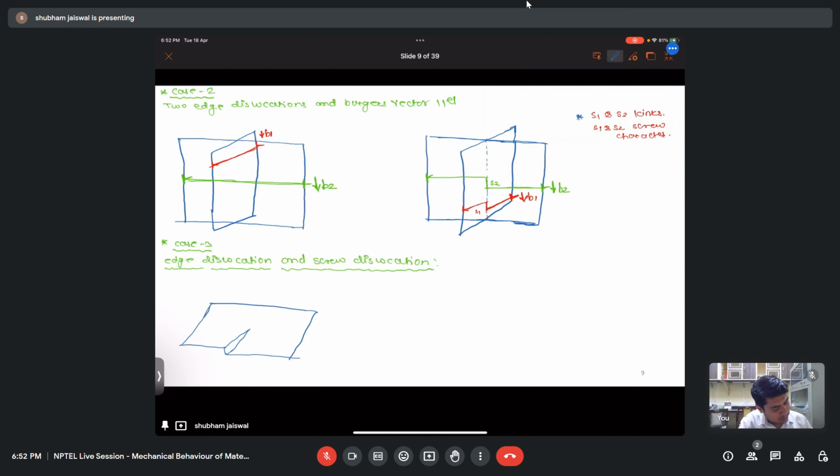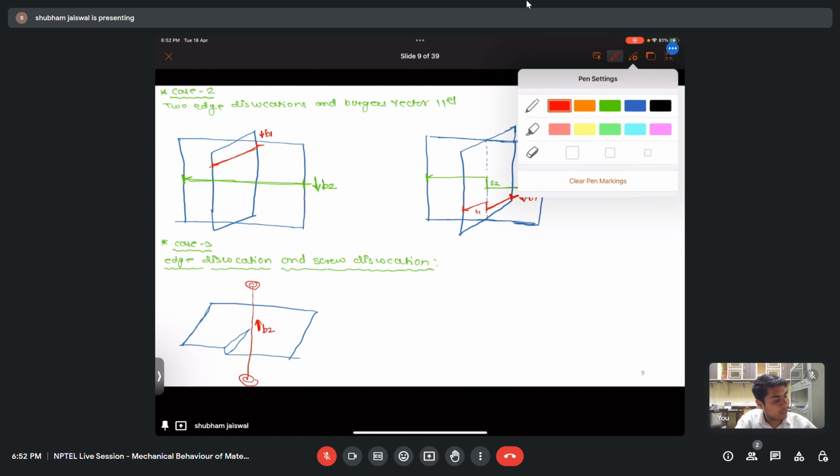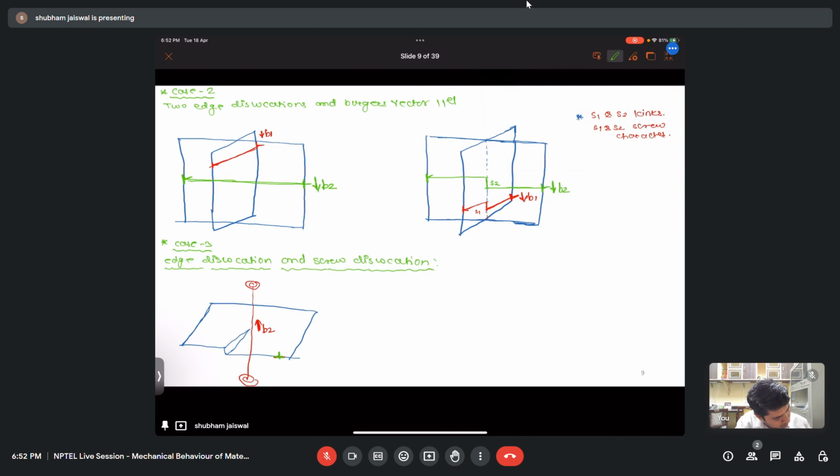Okay, so let's say this is my one screw dislocation. This is the direction of my Burgers vector B2, and let's say I have one edge dislocation here. Its Burgers vector is B1 and in this direction. So how will these two dislocations interact with each other?